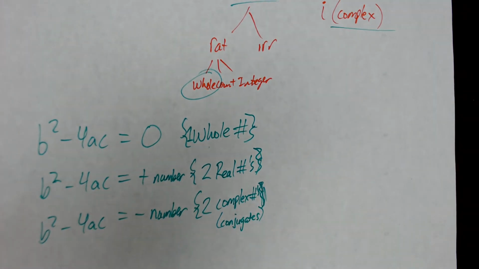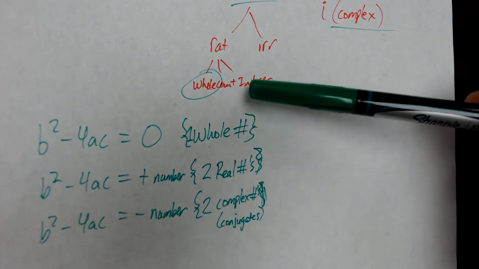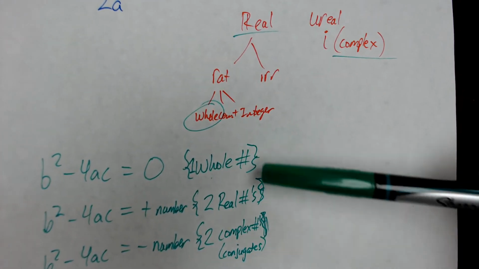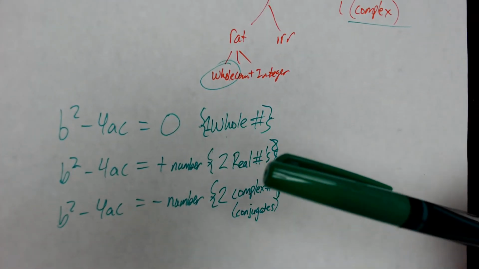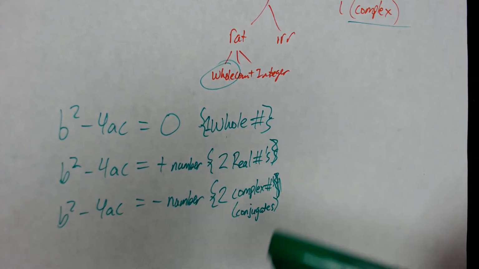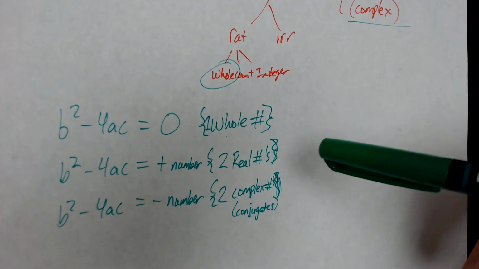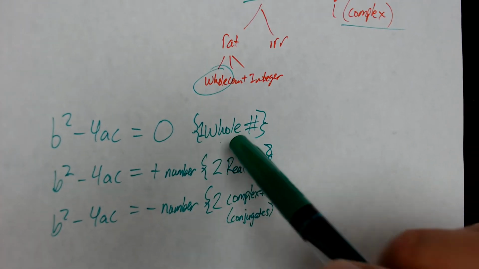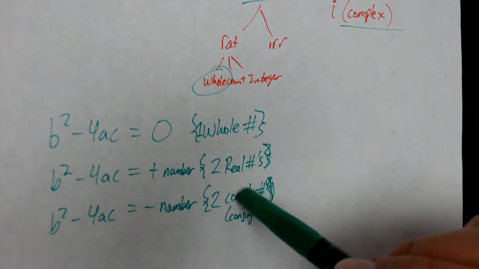And hopefully we'll have time in class, and hopefully I explained to you guys the different types of these. But this is the answer that we're looking for. So when we're given a problem, they tell us use the discriminant to determine what kind of answer we're going to get. Our answer is either going to be one whole number, two real numbers, or two complex conjugates.